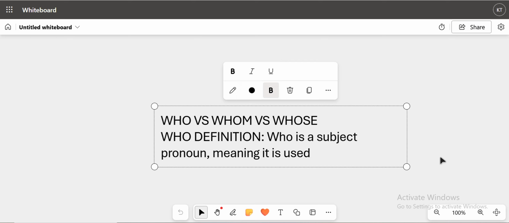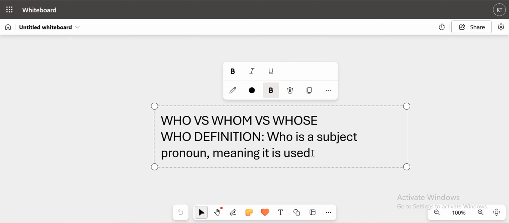Now, when we say who is a subject pronoun, it means that we use it most likely when we are talking about somebody who performs an action, or when we are representing a subject in a sentence. Now, let's explain further.